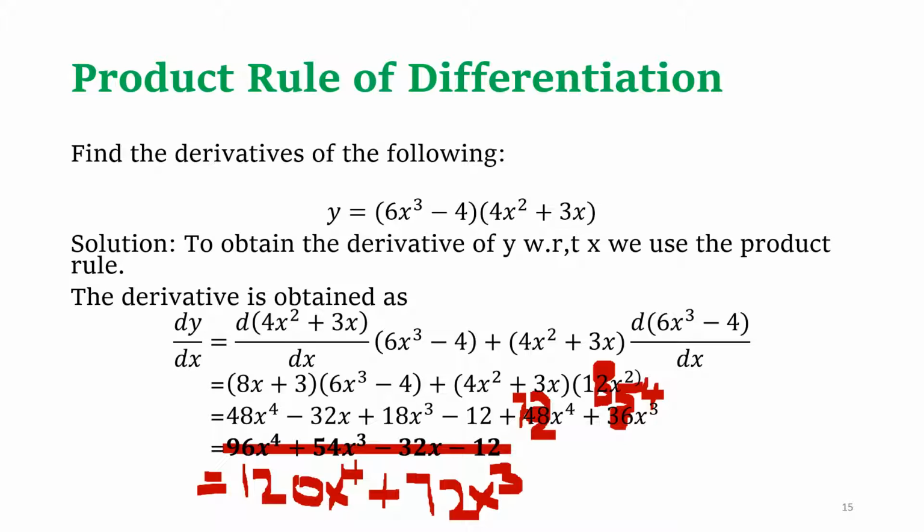And then minus 32x, and then minus 12, right? There you go. So this is the correct answer, not this one, okay? So let's move on.